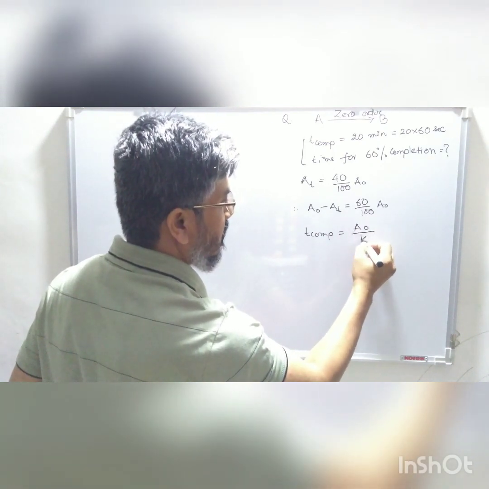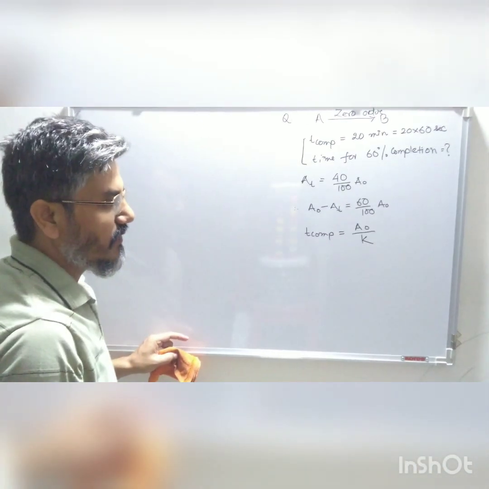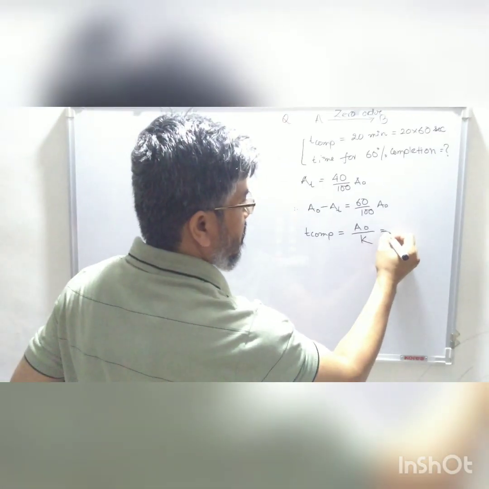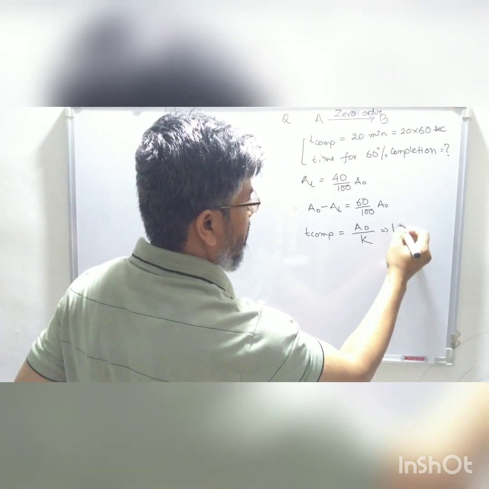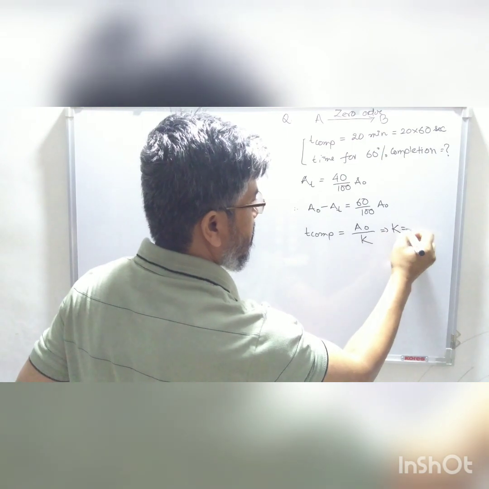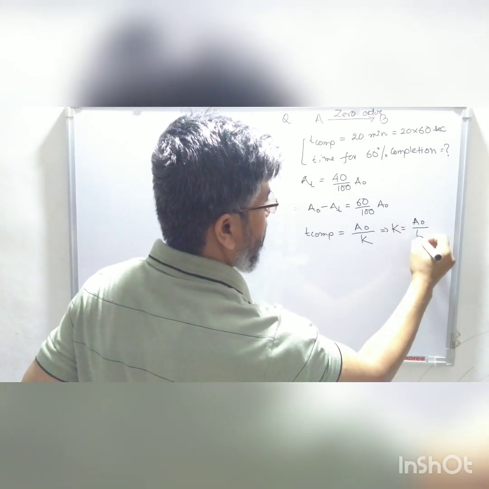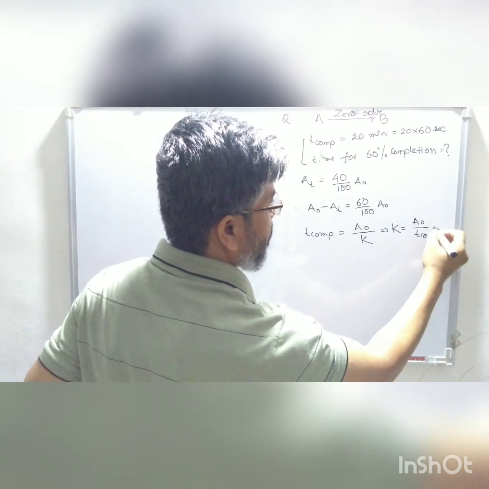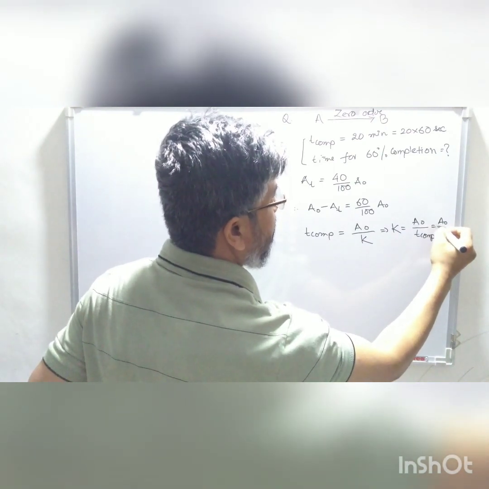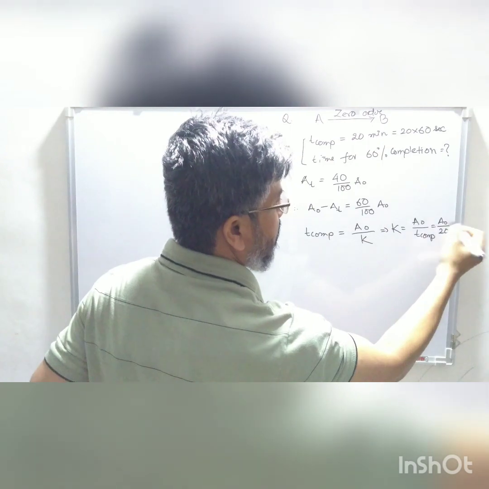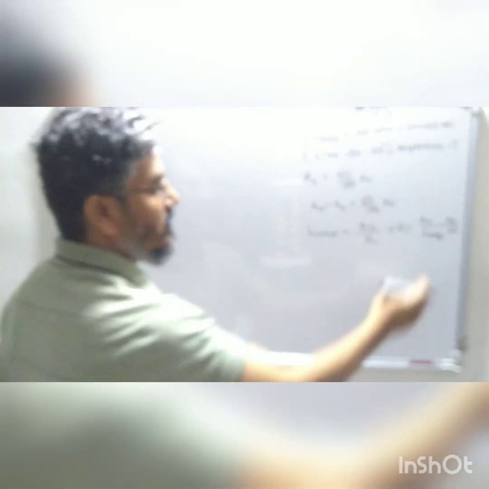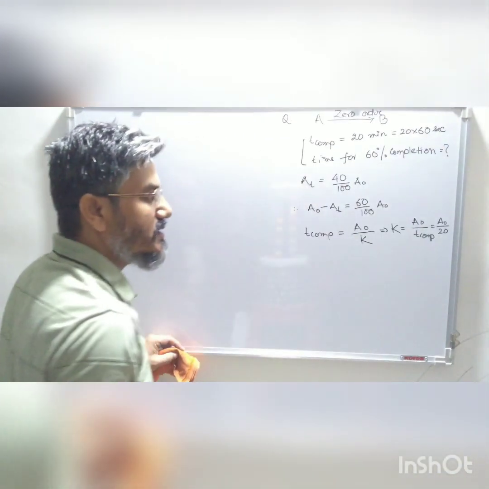So therefore, from this equation we have K equal to A naught divided by t completion, that is A naught by 20 minutes, or we can also convert this 20 minutes into seconds.